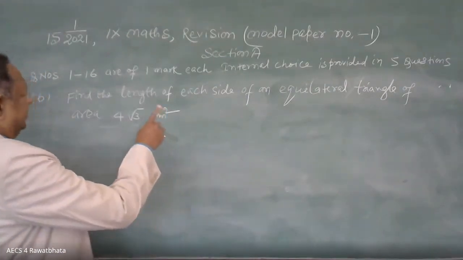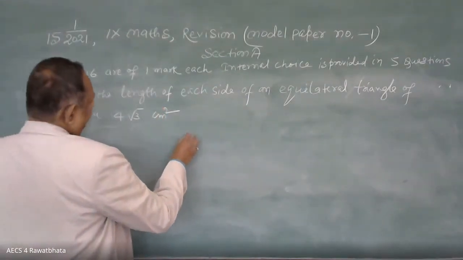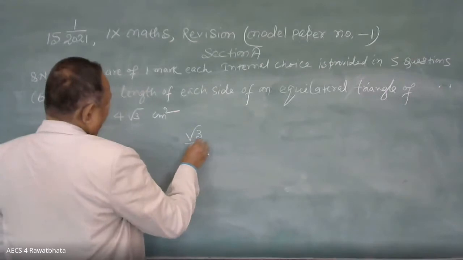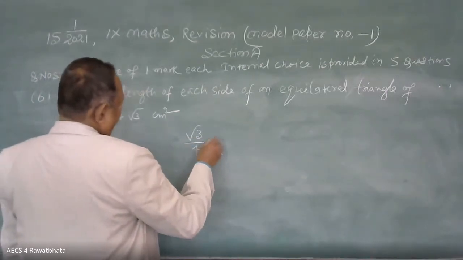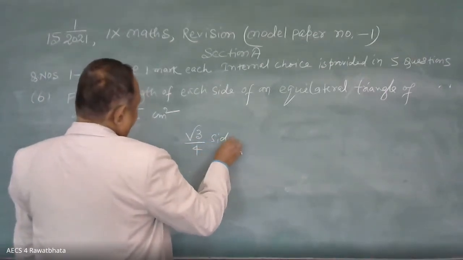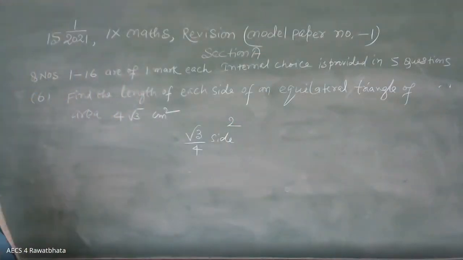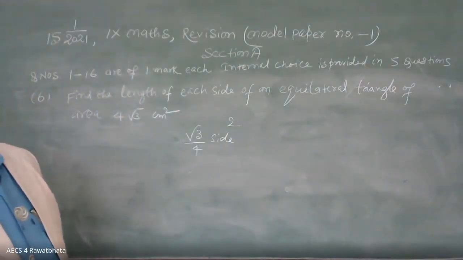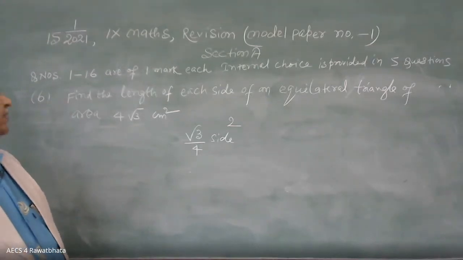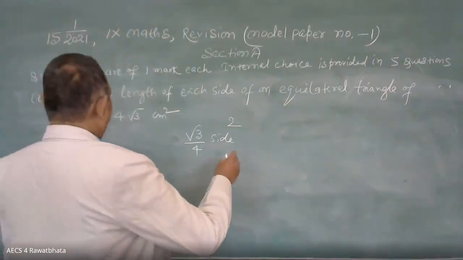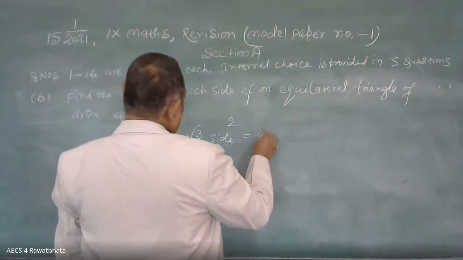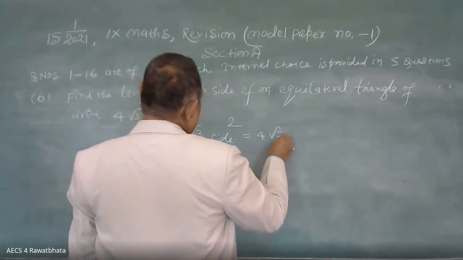So if the side is a, then √3 by 4 into side square. This is the formula of area of an equilateral triangle, equal to 4√3.